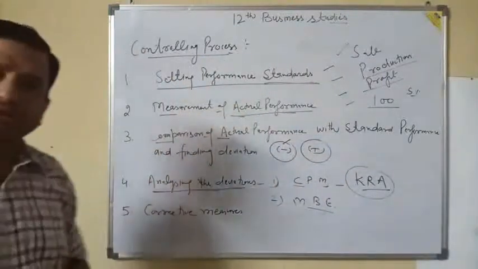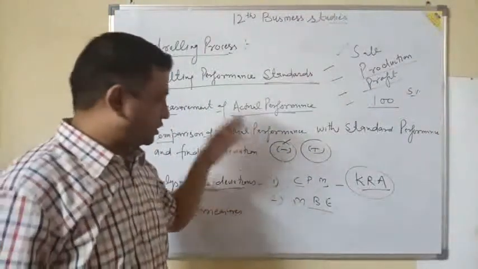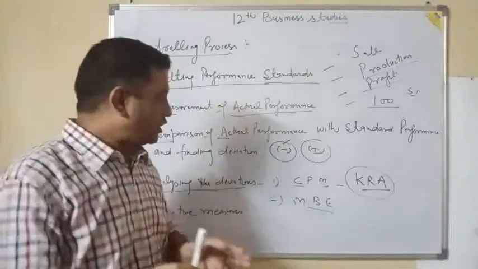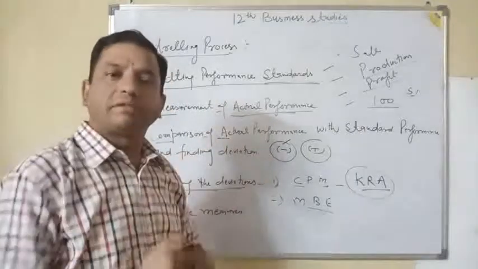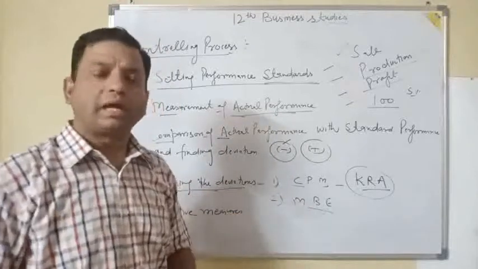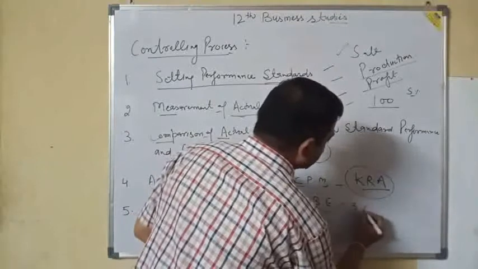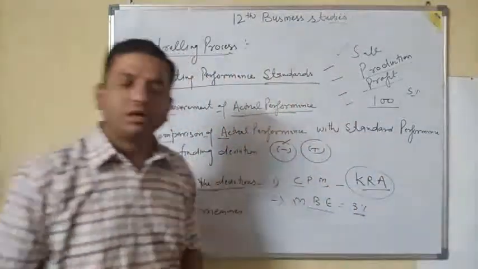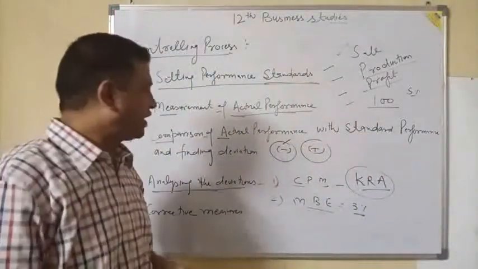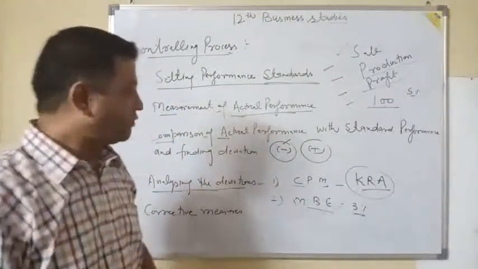Management by exception means that technique in which the manager should take into the notice of top level management only those matters which are exceptional. Like if the company believes that up to 3% decline in sale is normal, that should not be taken into the notice of top level management.